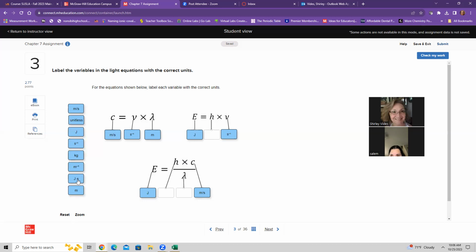Yeah, no, it's not joules second. What is it? I don't think it's unitless. Lambda I know is meters, but it's never meters inverted. So I'm going to say it's joules second because joules is joules.